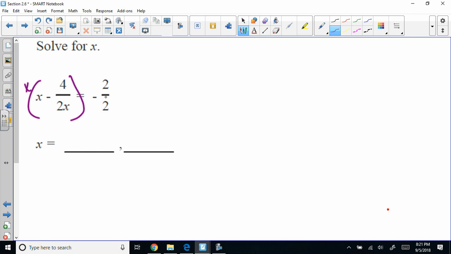X. You want 2x? That's going to take it all, right? Because we get rid of that fraction. If we're getting rid of the fraction, I might just get rid of all of it. So that's going to give me 2x squared minus 4 equals minus 2x, right?